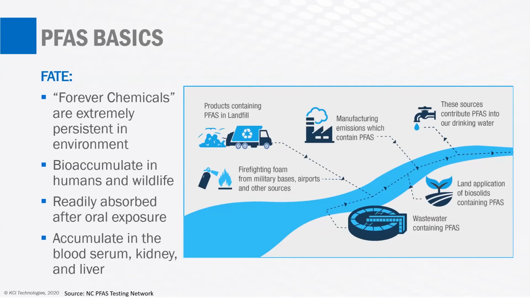It can also come from releases from areas where firefighting foams are being used, such as military bases, airports, and other sources. It can also come as a leachate from landfills, where waste that contains PFAS is being buried, and over time it would leach and go back to the drinking water source.